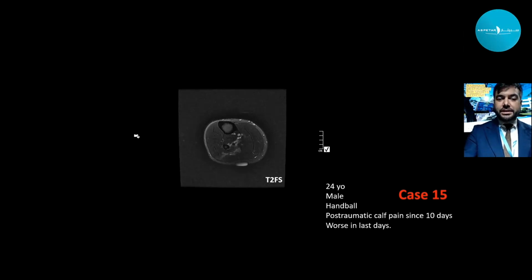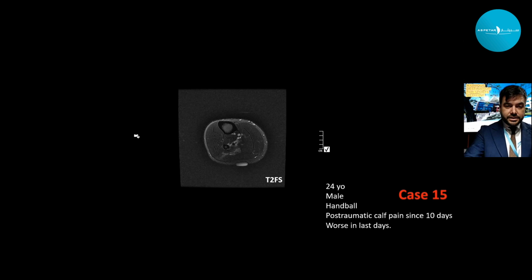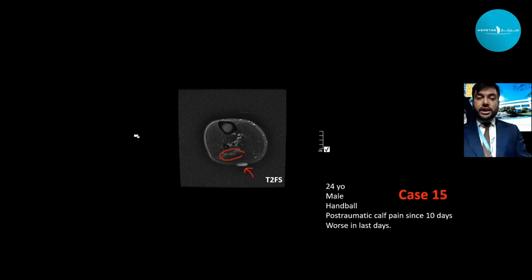So this is a patient with post-traumatic calf pain for 10 years that became worse in the last days. It's a male handball player, and eventually we did MRI. So here in the MRI, here is the marker. The pain is here, and we see this muscle edema located in the soleus.